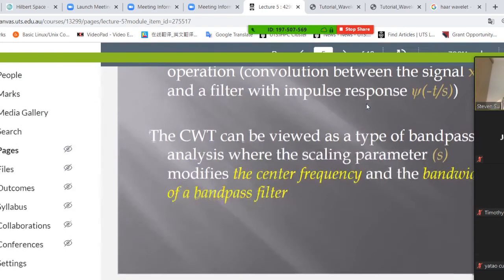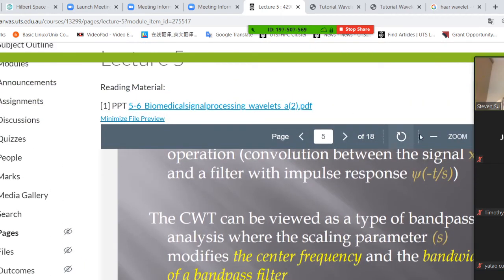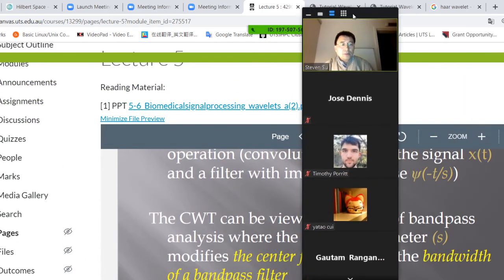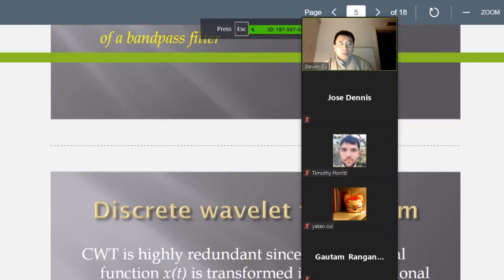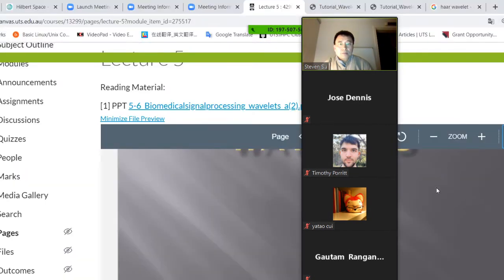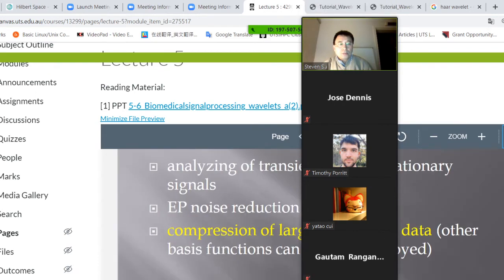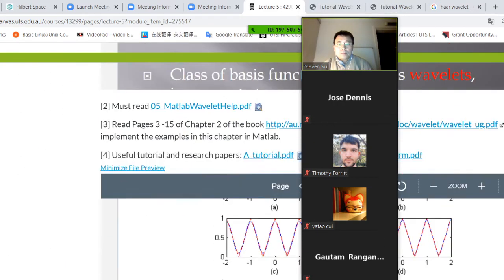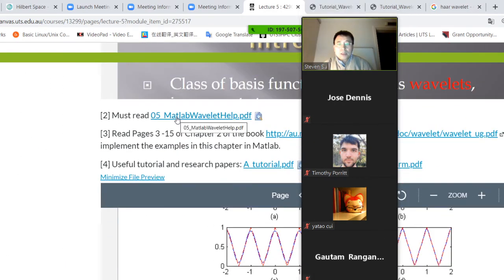Because the time is too short, we cannot go through it here. But there is some other reading material.